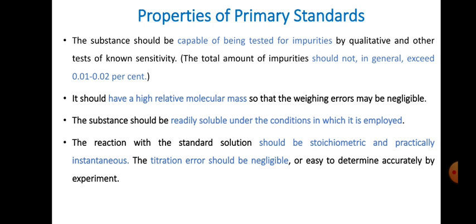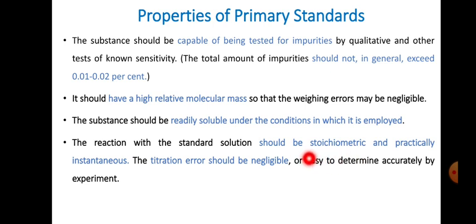The reaction should not be slow, because when the reaction is instantaneous, it will give a very sharp endpoint. There will be a color change which we can easily make out, so we can find out the equivalence point or the stoichiometric point.